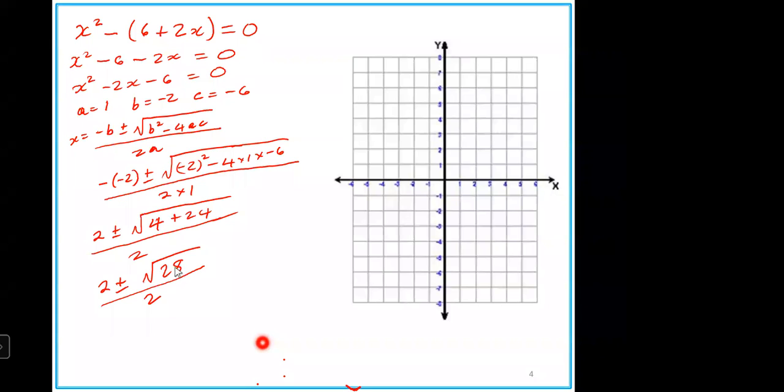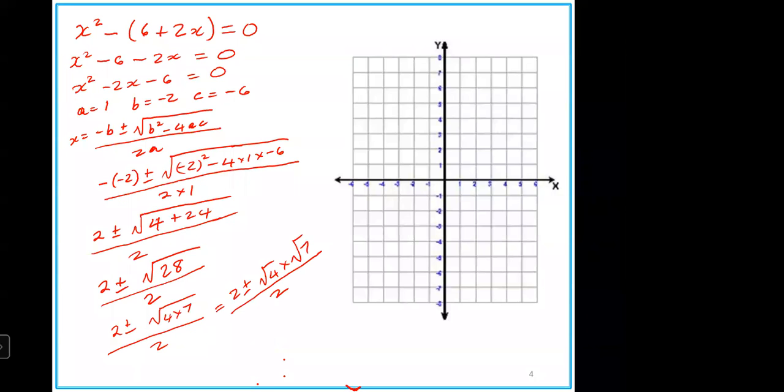So what you'll have to do is see if you can simplify it in radical form. Now you know that 4 times 7 gives you 28. So you could break this into 4 times 7 because 4 is a perfect square. So it would be 2 plus or minus the square root of 4 times 7 over 2, which you could break down to 2 plus or minus the square root of 4 times the square root of 7 over 2.